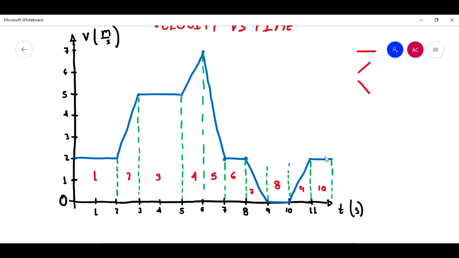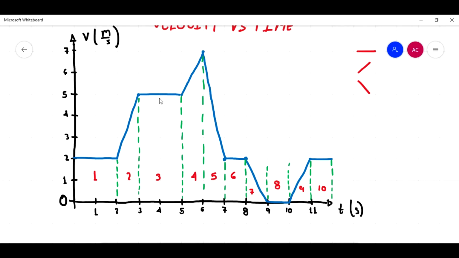So I can ask, what is the only segment where the car is not moving? If we do exactly the same as in the previous graph, where we said that a horizontal line means no motion, we could say that in segments number 1, 3, 6, 8 and 10 the car is not moving.